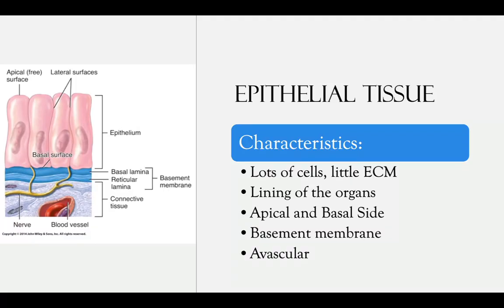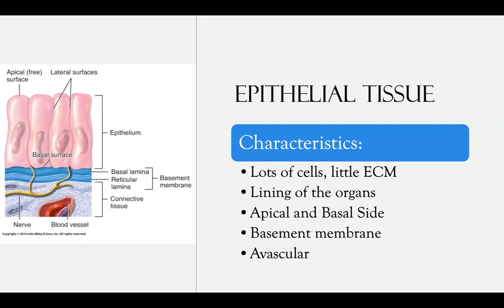Okay, so what this means is for epithelial tissue, you're going to see this apical surface, or sometimes even referred to as a free surface, that's essentially facing the body surface or the body cavity, or something we call the lumen. The lumen is just kind of translated to the free space. Okay, so as I show more examples of epithelial tissue, I'll point out the apical side and the lumen.